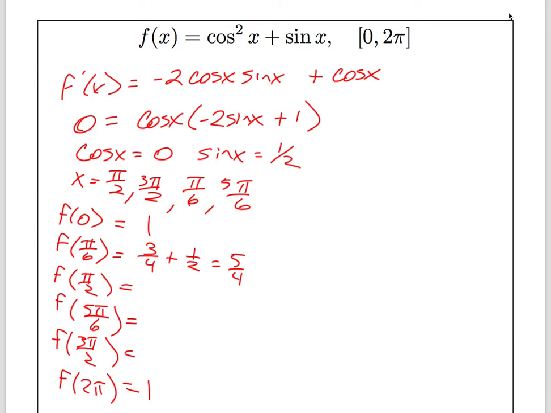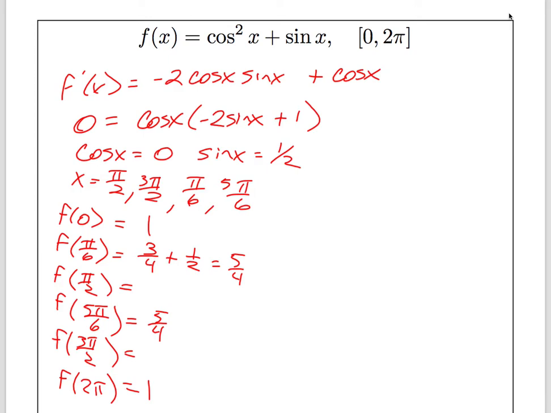What's the only difference between pi over 6 and 5 pi over 6? The sign. The cosine's going to be different, but what am I doing with the cosine values? I'm squaring it. So what does that mean f of 5 pi over 6 is going to be? The same.